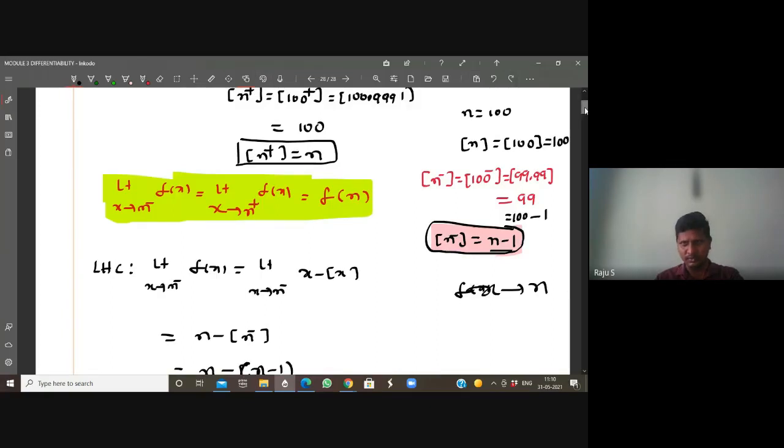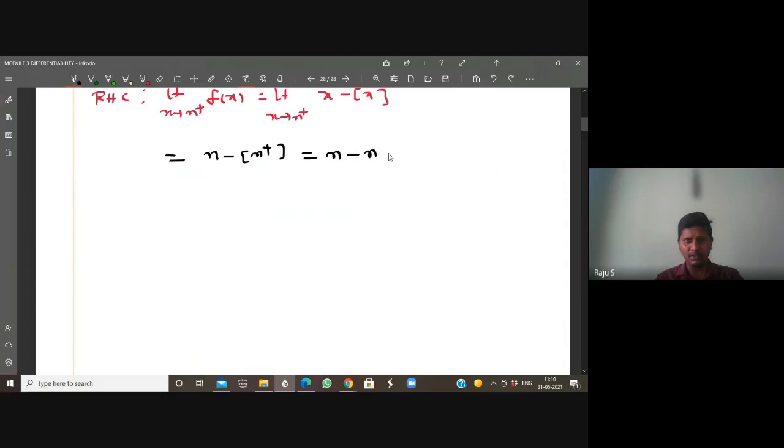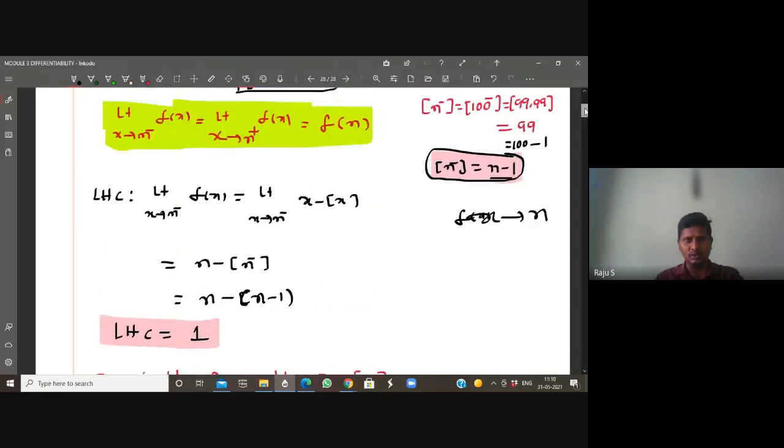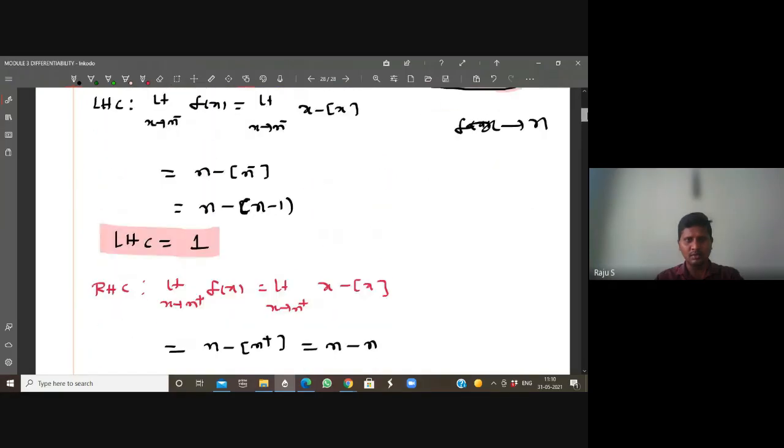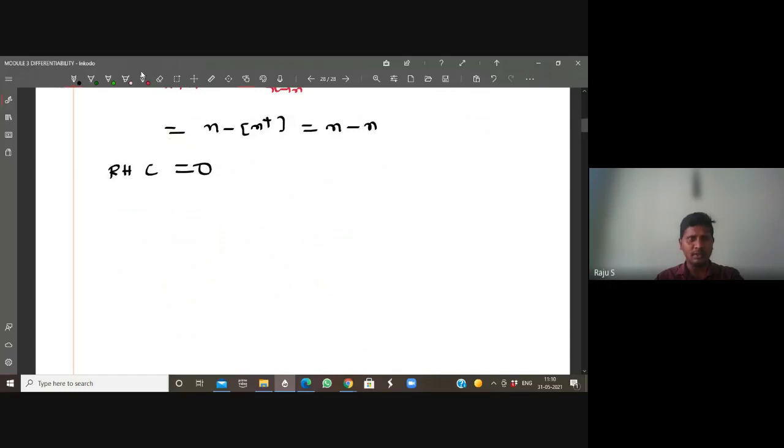So substituting, it is n minus n, which is equal to 0. This is RHC. So the left hand continuity is clearly 1, but the right hand continuity is 0. Both are not equal. Therefore LHC is not equal to RHC.